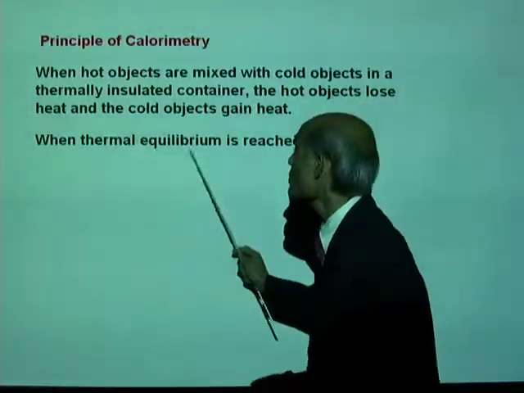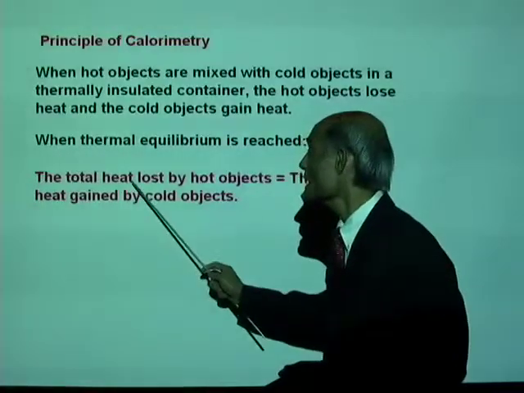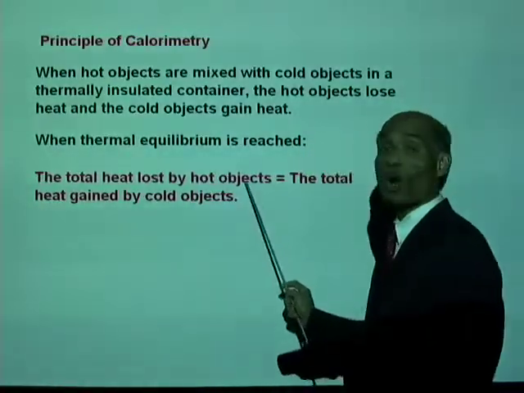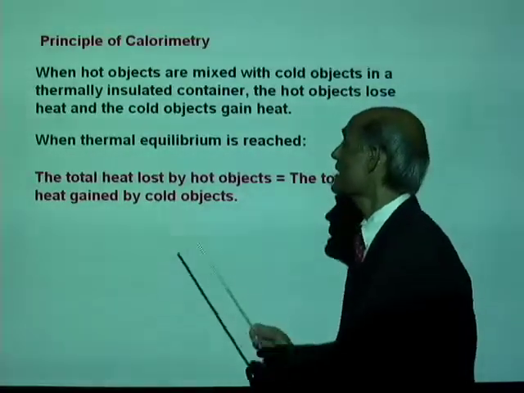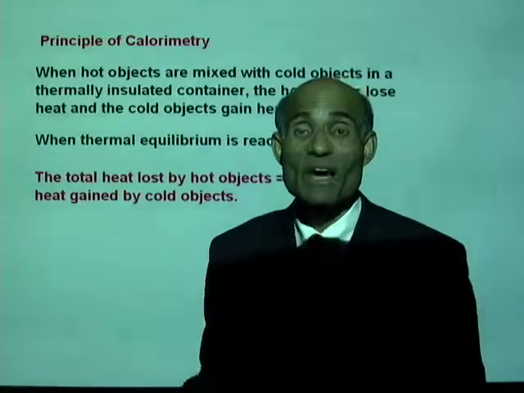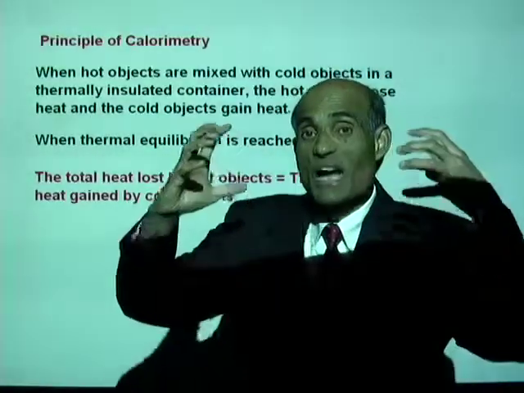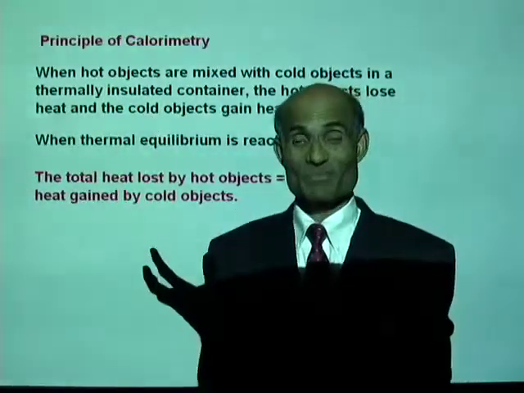And if the system is insulated from the surroundings, we can make a conclusion. When thermal equilibrium is reached, we can say that the total heat lost by the hot objects will be equal to the total heat gained by the cold objects. We assume here that no energy is either given out or gained from the surroundings.